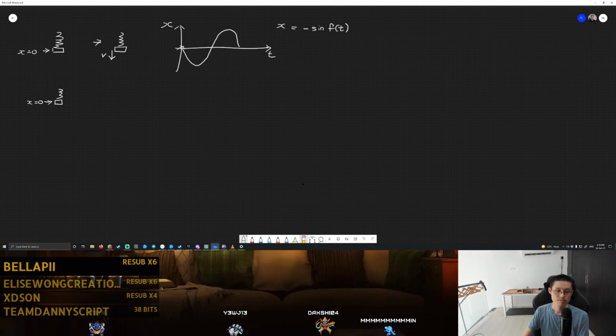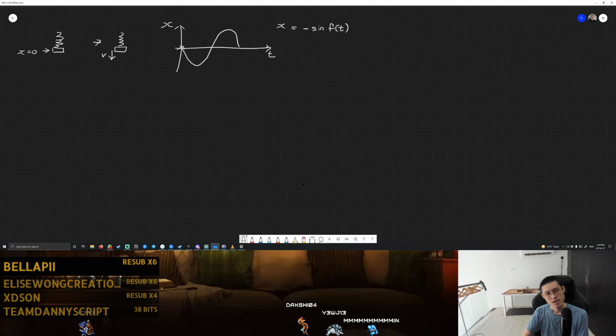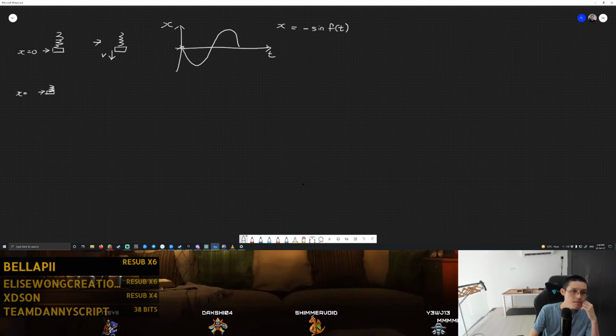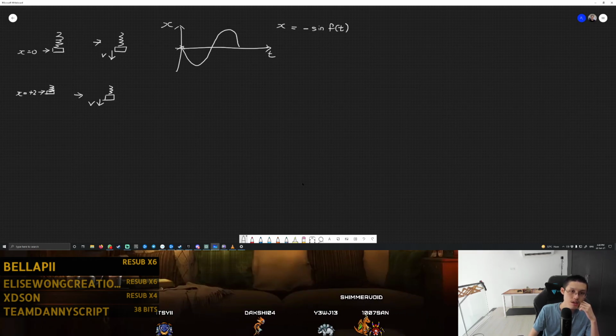However, if you start like that, actually no. Let's say you push the load so it starts at the top. So let's say this is some positive value, so maybe +2, and then you let it drop down, okay?